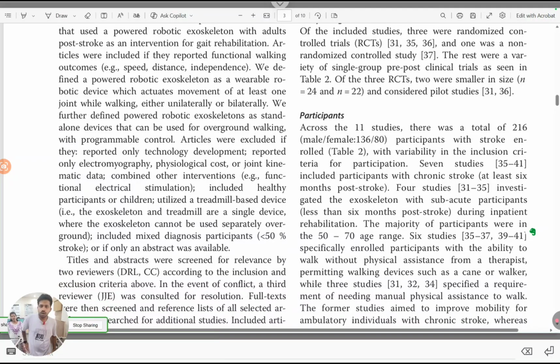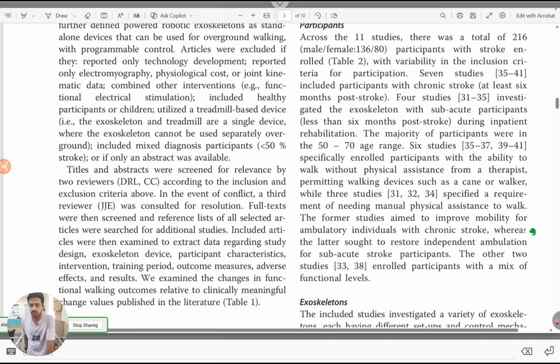If only an abstract was available, titles and abstracts were screened for relevance by two reviewers, DRL and CC, according to the inclusion and exclusion criteria above. In the event of conflict, a third reviewer, JJE, was consulted for resolution.